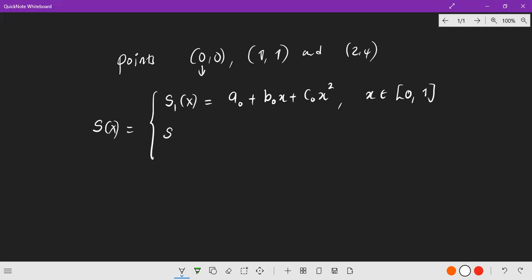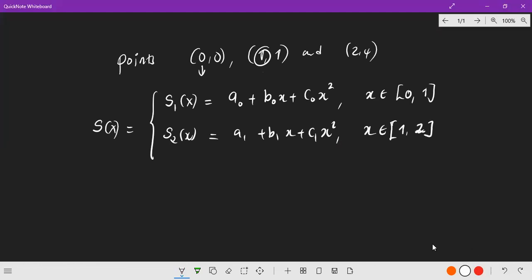The next one we're going to have is s2 of x, which will be equal to a1 plus b1 x plus c1 x squared, and this will belong to the x values from 1 to 2.